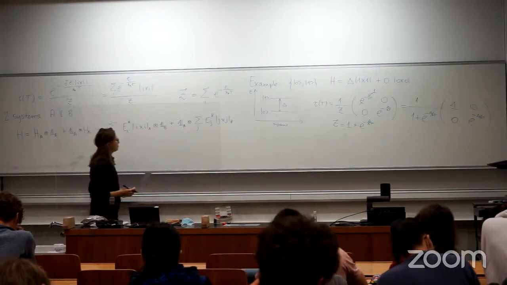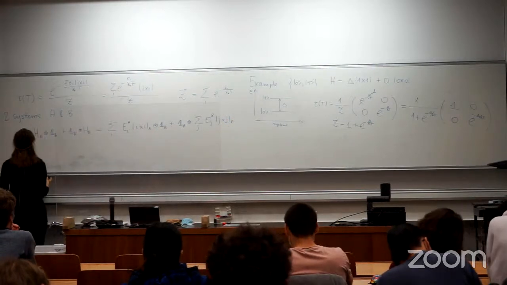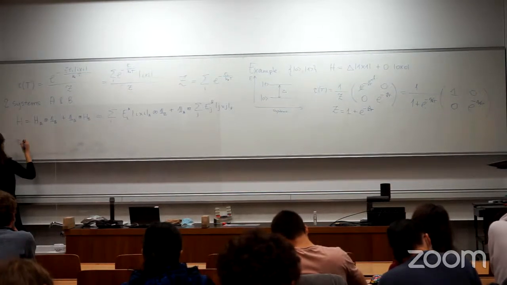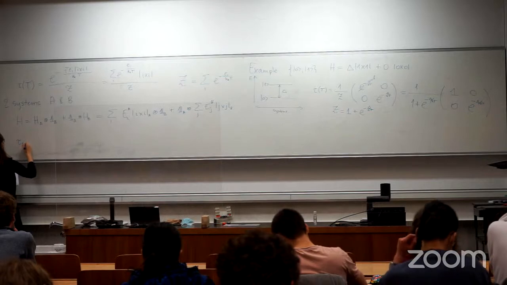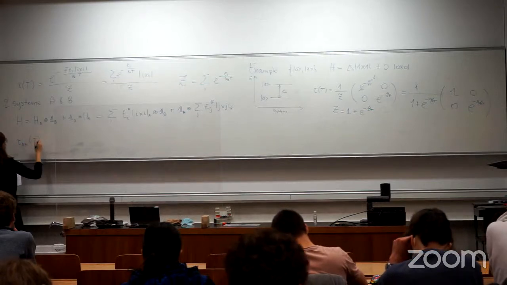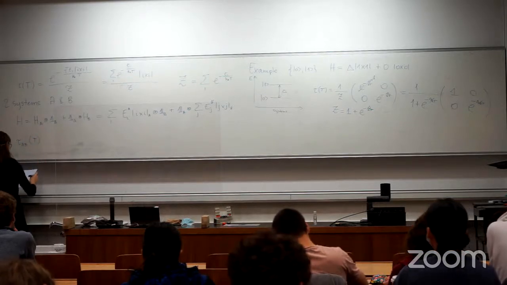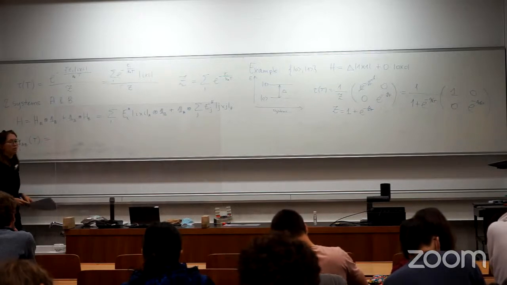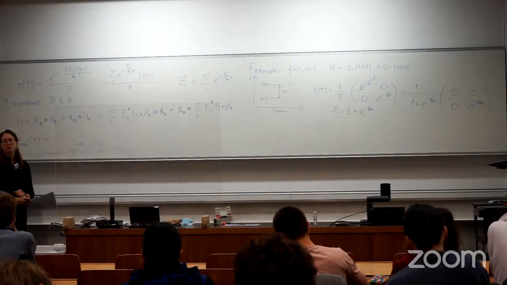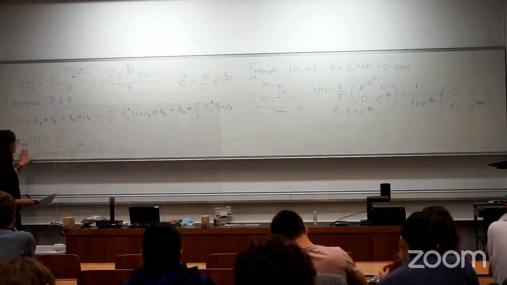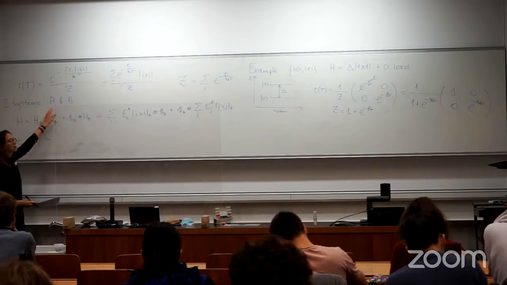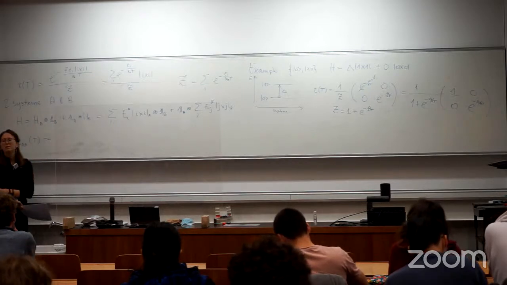Suppose that now I want to write a thermal state on both of the systems at some temperature T. Can somebody already tell me how this state relates to the thermal states on individual systems A and B? Yes. Why?